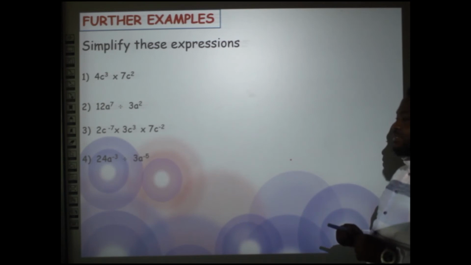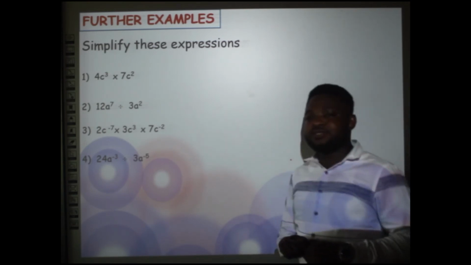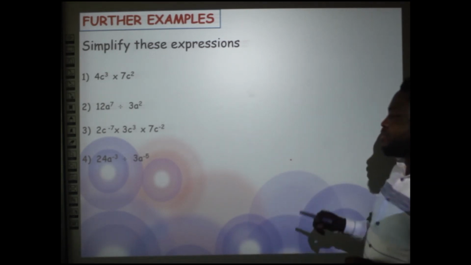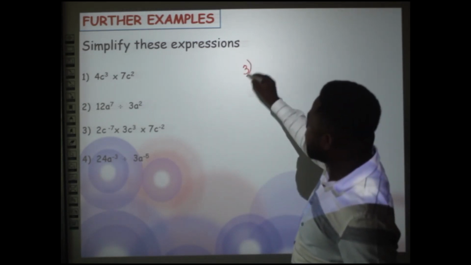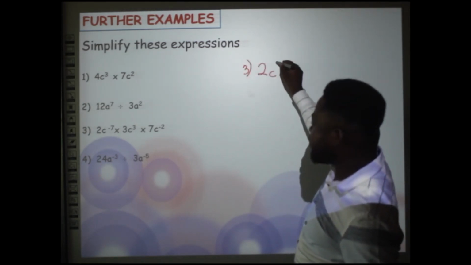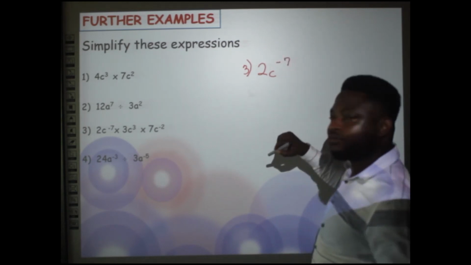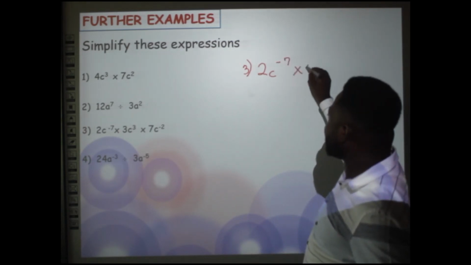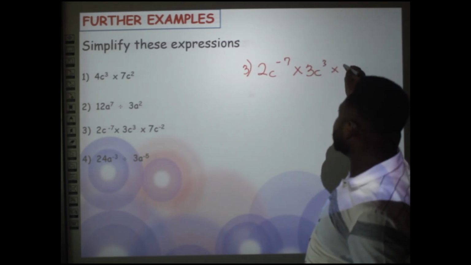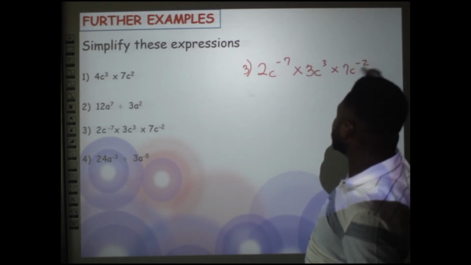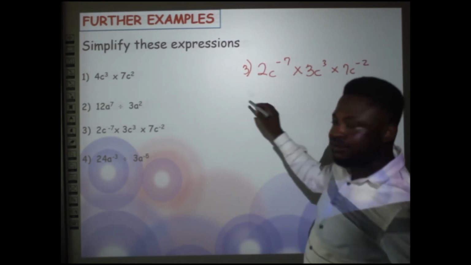Now let's look at question 3. In question 3 we have 2c raised to the power minus 7 multiplied by 3c raised to the power 3 times 7c raised to the power minus 2. You separate the numbers.